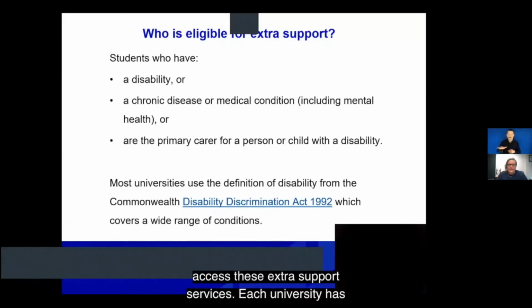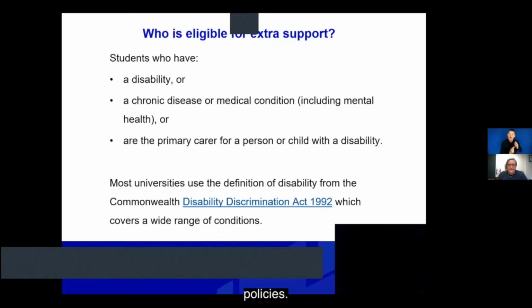Each university has their own policies and procedures around what they determine as a disability, but most of them use the definition that's in the Disability Discrimination Act, which is very wide and gives us a lot of scope to make sure that we can support as many people as possible. There is no requirement to have been approved by the NDIS or to be on Centrelink payment or anything like that. It's just whether you have a disability according to the university's policies.